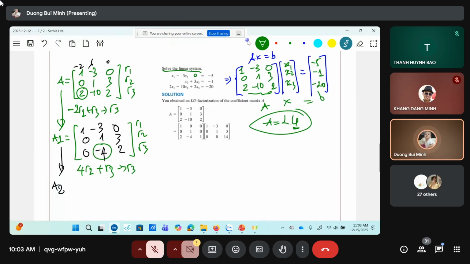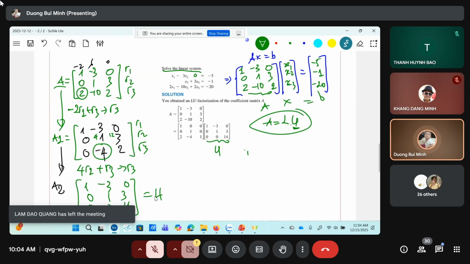So here you can get A2 is 1, -3, 0, 0, 1, 3. If I time -4 times 4R2, 4, it is 12. So you can get here 0, here 0, here 14. So this one is U.